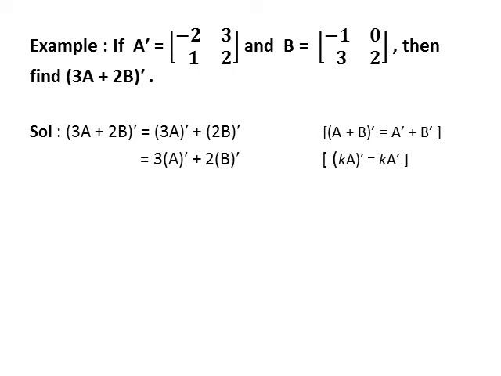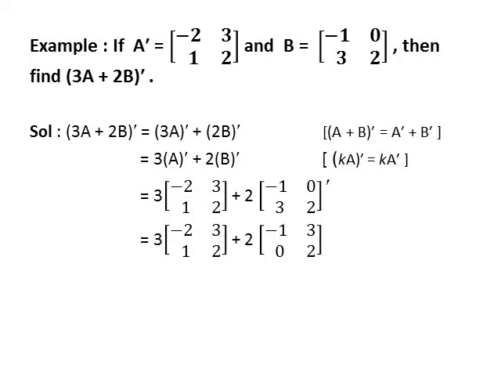Now, transpose of A is given, write it directly, and transpose of B we obtain by interchanging rows and columns of matrix B as shown. In the next step, multiply each element of transpose of matrix A with 3 and multiply each element of transpose of matrix B with 2.